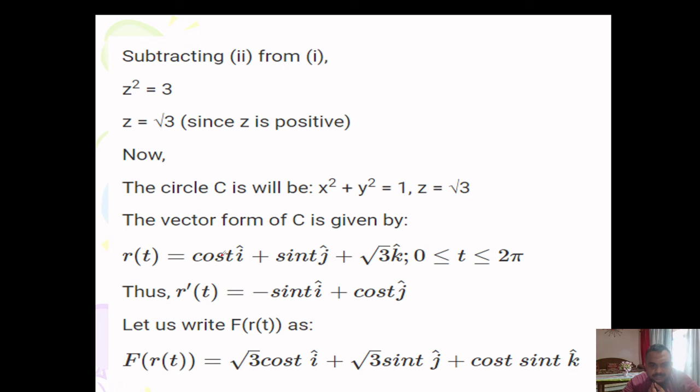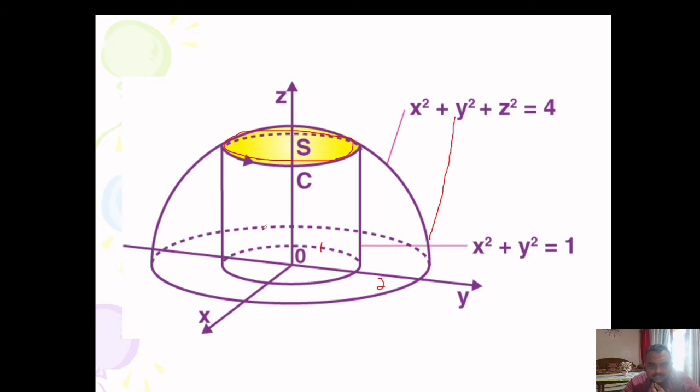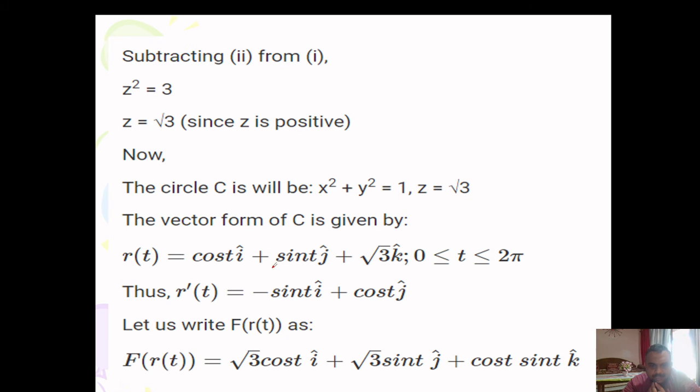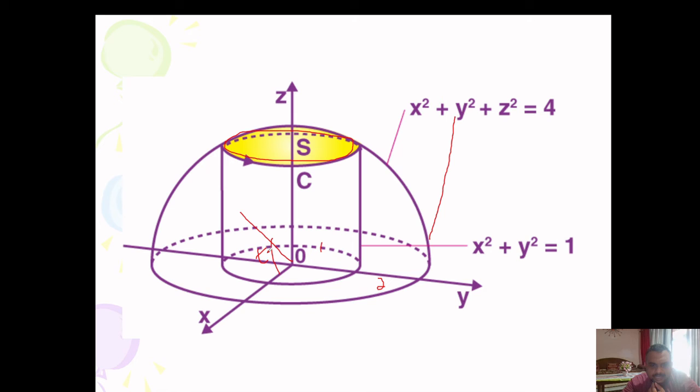Along the x direction, cos t, that is an angle. So if I have an angle t, the cos component will be along the x axis, plus sin t.